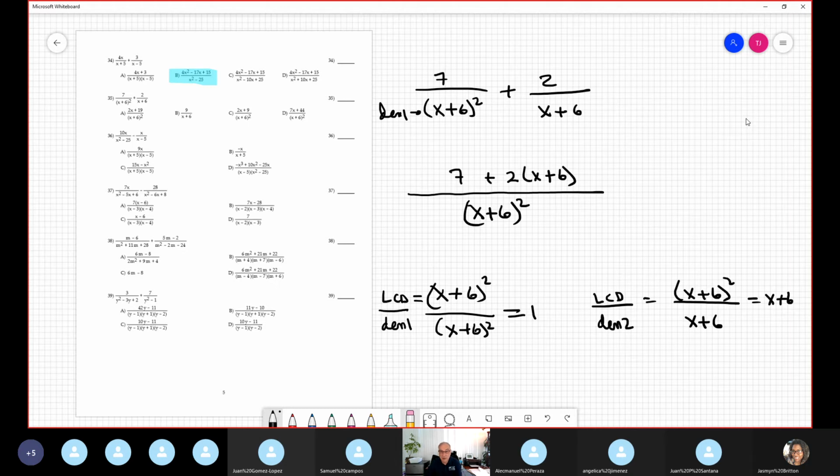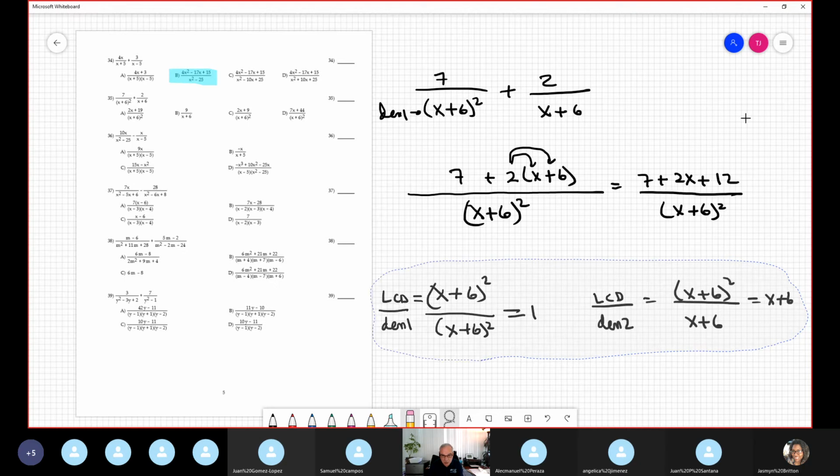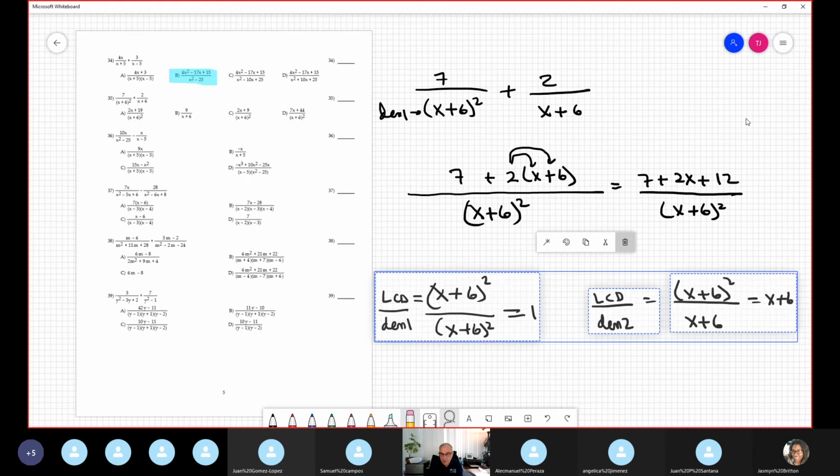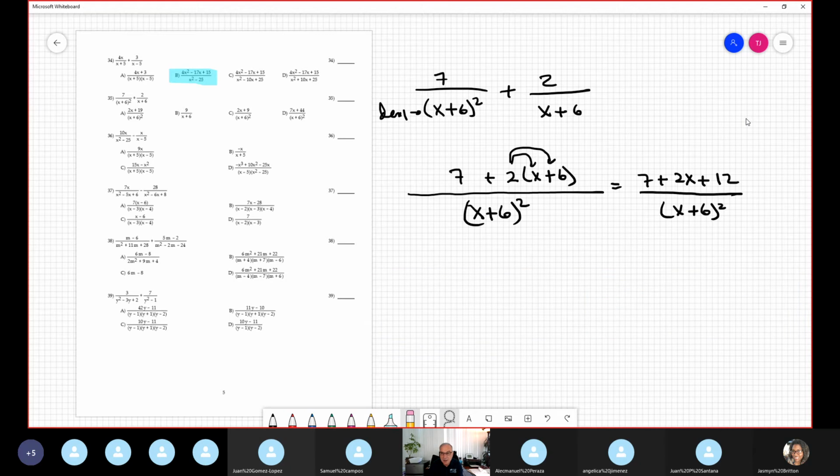Now, finally, distribute the property and combine later. This is 7 plus 2x plus 12 over x plus 6 squared. That process I consider a mental process. Let's do it here again to emphasize the idea, but no, I don't want to do any more. Finally, adding, you get 19.